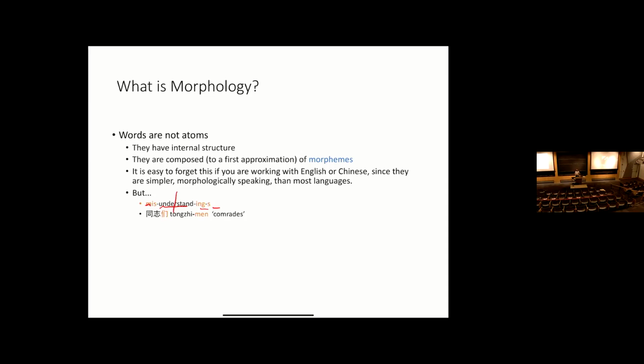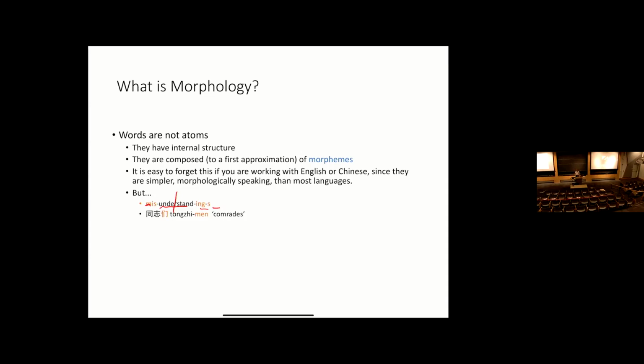Even in Chinese, which has remarkably little morphology other than what are called compounds, where you take 2 words and put them together to make a bigger word, there's some morphology. For example, there's this pluralizing suffix, men, that occurs mostly in pronouns like 他们, they, or 我们, we, us, but can also occur with some nouns.